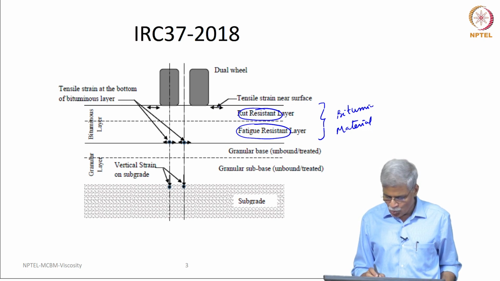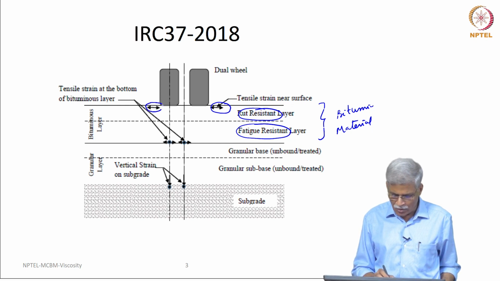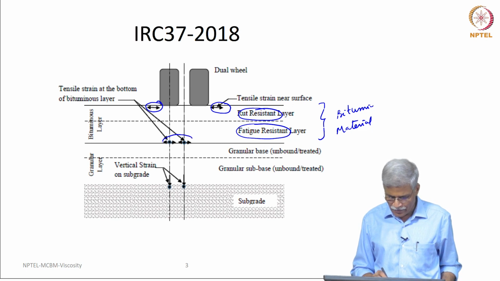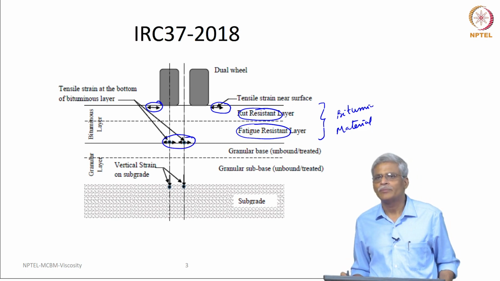and IRC stipulates that one should not only measure the strain on the top, but also at the bottom.